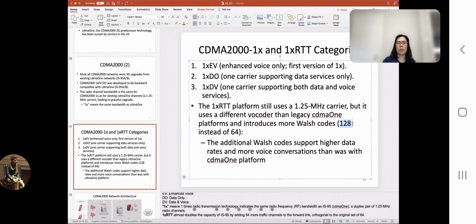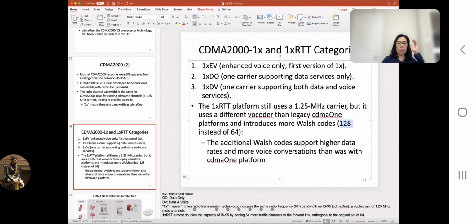That means they can support 128 users at the same time. Because of this, the additional Walsh codes can support higher data rates, and it can support more voice conversations than with the CDMA platform. Instead of 64 users, now we can support 128 users.